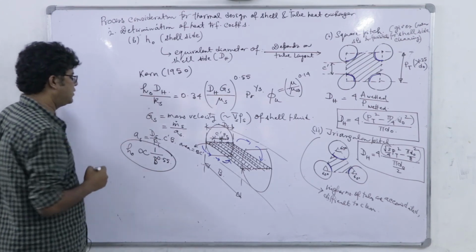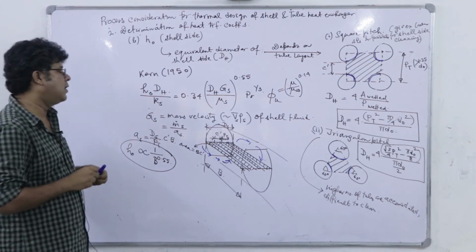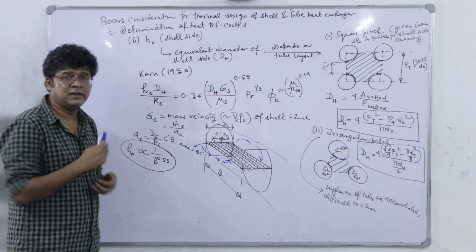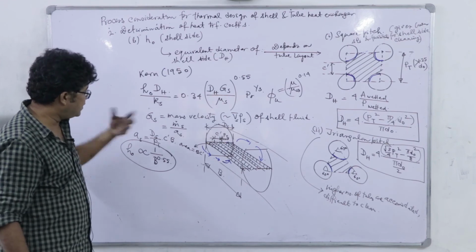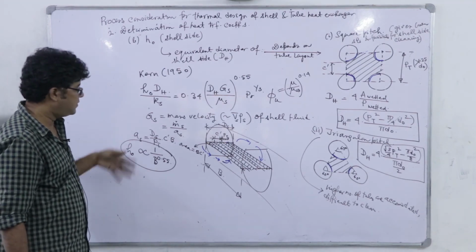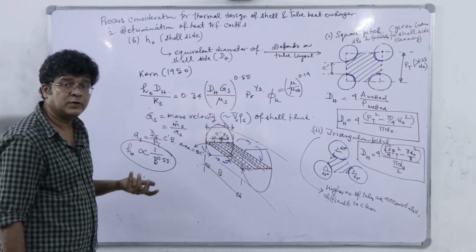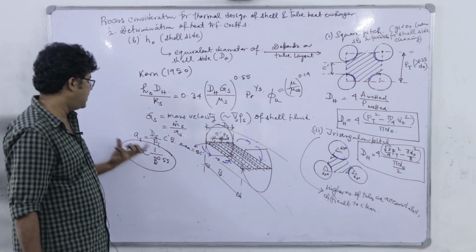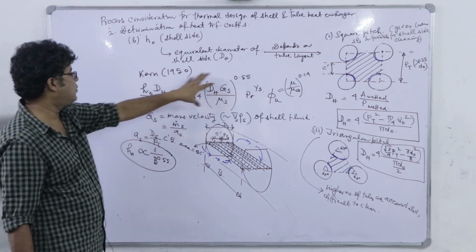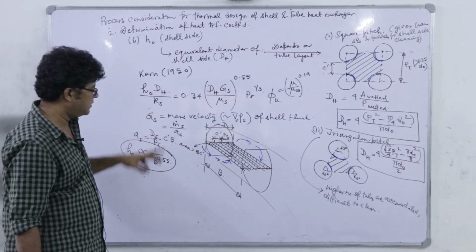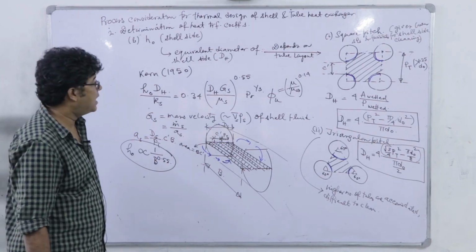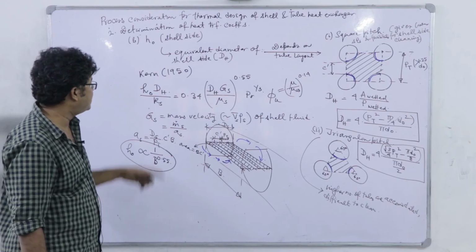So this gives you a clear-cut idea of how the baffle spacing influences the shell side heat transfer coefficient. Okay? So if we increase the baffle spacing, my shell side heat transfer coefficient is going to decrease. It's obvious. So you remember this equation and the respective inference we can draw regarding the influence of baffle spacing on HO.